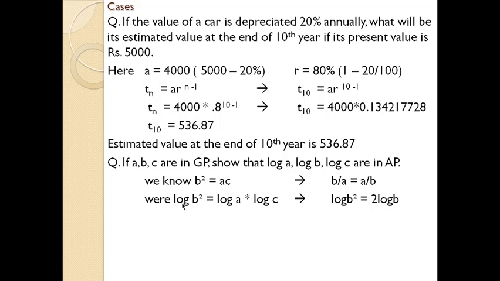Next one, we multiplied log to each item on both sides of the equal sign. Here b square equal to ac. So I multiplied log to each side, that is log b2 equal to log a into log c. Why do I multiply log with these two?